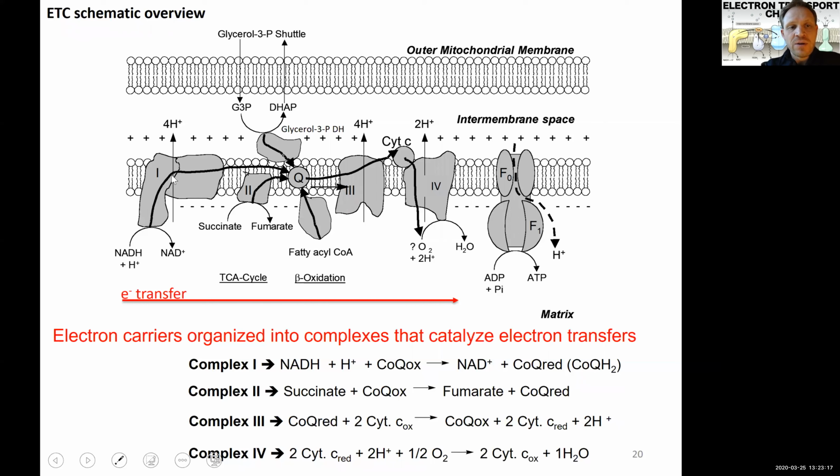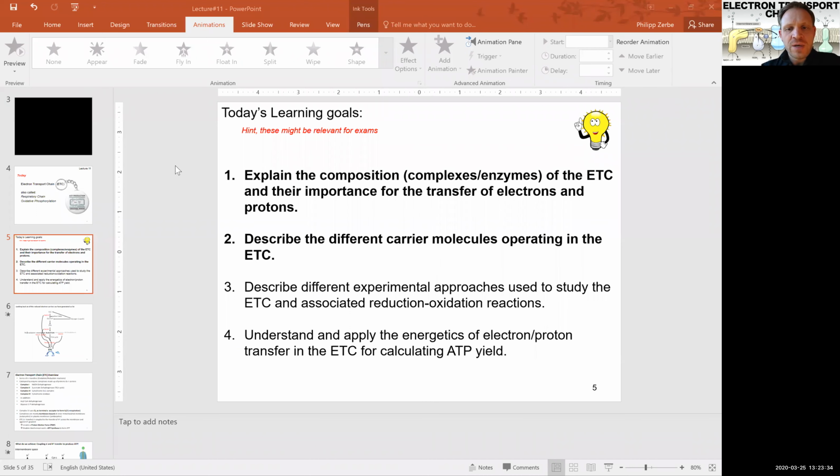So here are your 4 complexes. Here's number 1 on the left, and then number 2 here. Apologies. Let's bring this back up.